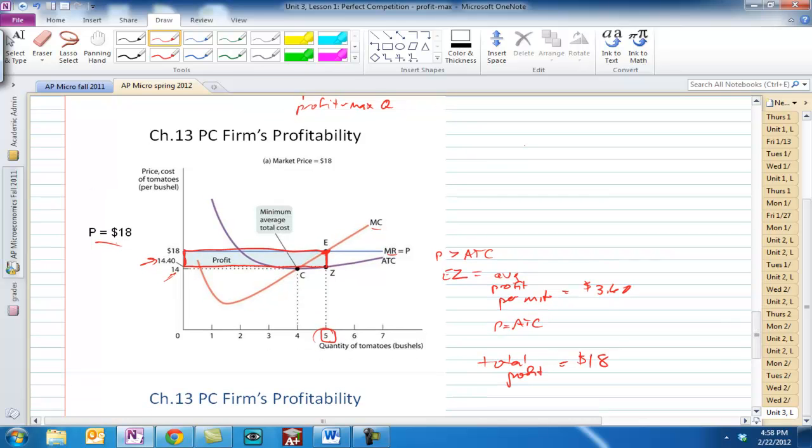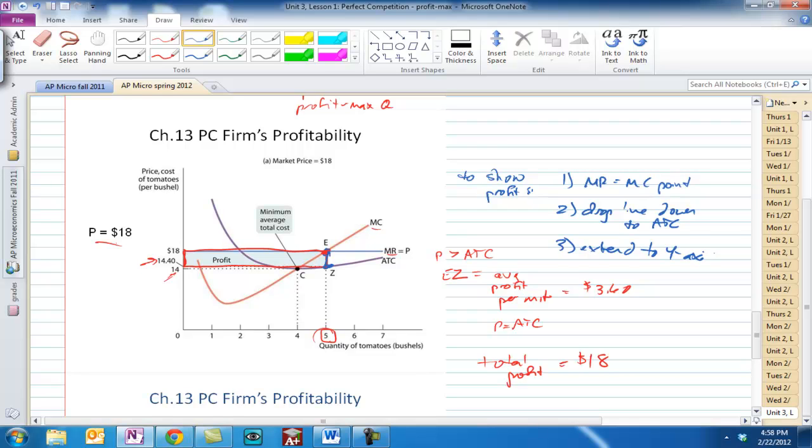Okay, so here's the general method to remember. If you are asked to show a firm's profit on a graph, here's what you're going to do. First, take the MR equals MC point here at E. Then drop a line down to the ATC here, that's Z. And then extend that over to the y-axis, like I did twice.